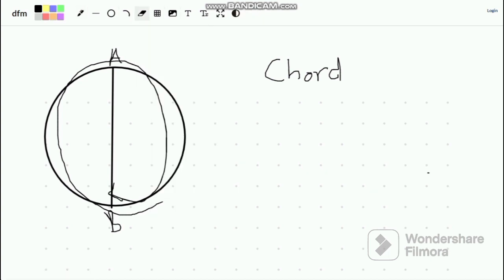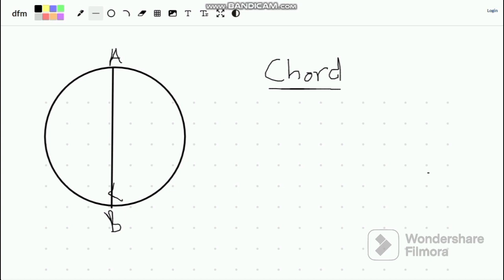Now a chord, on the contrary, is basically a length which does not pass through the center of a circle, but can extend from any point of the circle and end on any point of the circle. So that's the difference between a chord and a diameter.